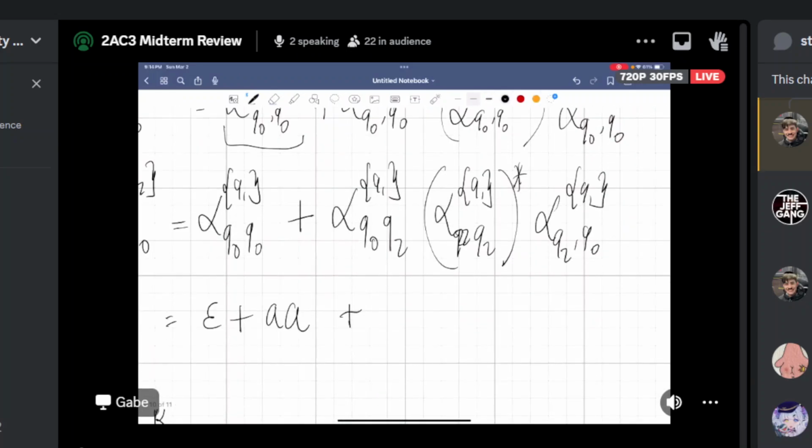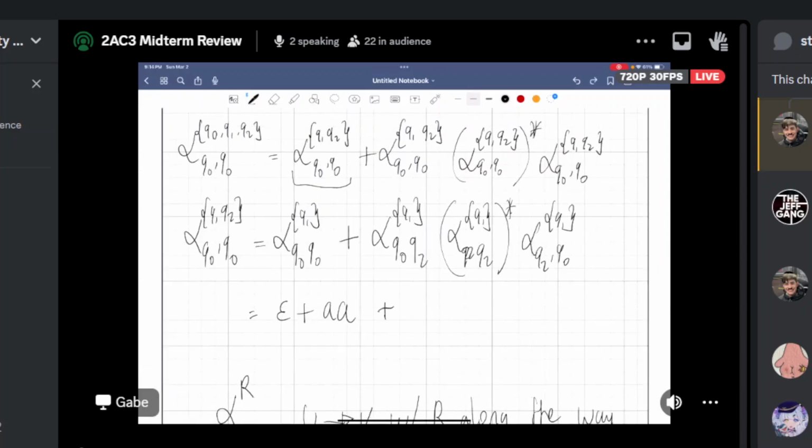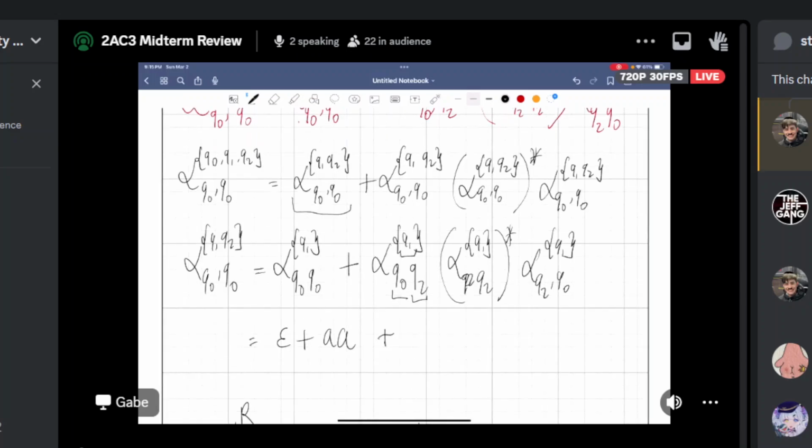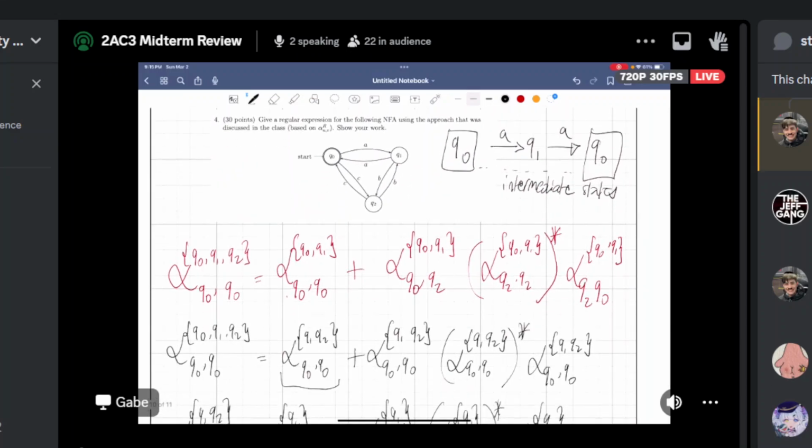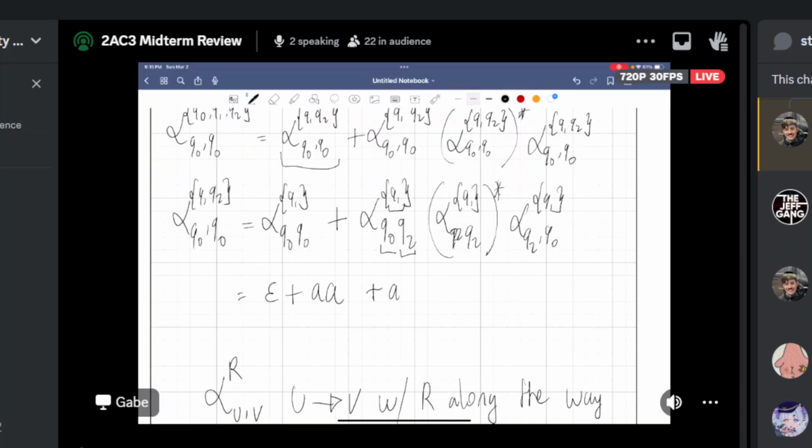So again, we've answered this term right here. Now we get to the second one. How do you go from Q0 to Q2, passing state Q1 along the way? So Q0 to Q2, passing through Q1, you can go A, B. So AB.